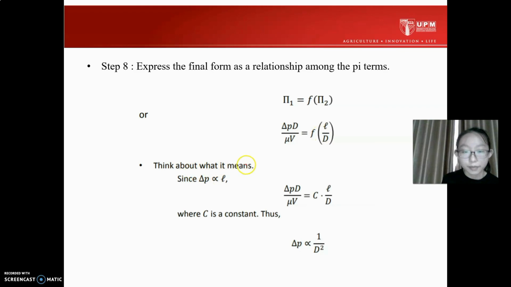Think about what it means: since pressure drop is proportional to length, pressure drop times diameter over viscosity times velocity is equal to C times length over D, where C is a constant. Thus, pressure drop is proportional to 1 over D squared. Okay.